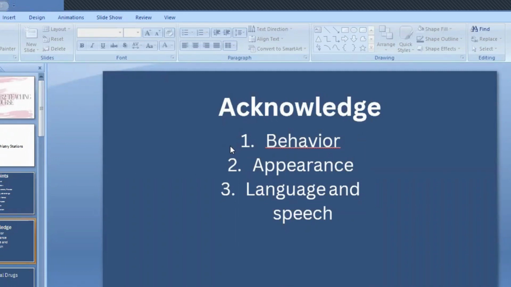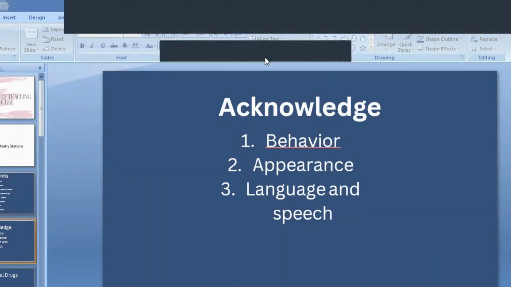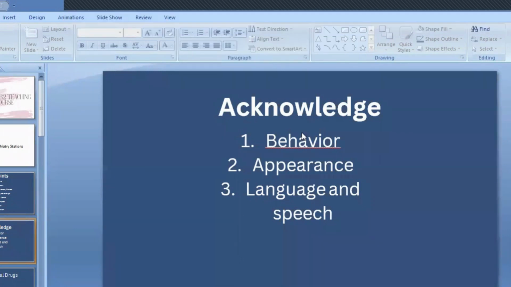For example, a patient with depression might be feeling low, and he might not be making eye contact. He might be looking down at the floor. It's always good to acknowledge that behavior, because that will help you in forming rapport with the patient, and as I mentioned, in giving a good impression to the examiner. So, if the patient is feeling embarrassed, you should acknowledge it: I can see that you're feeling embarrassed.